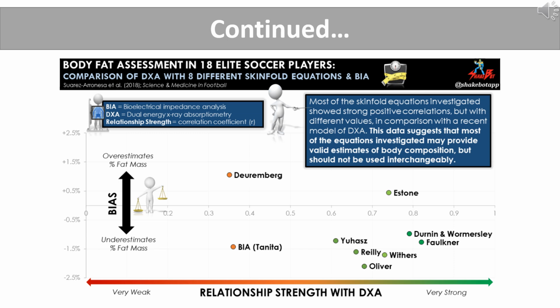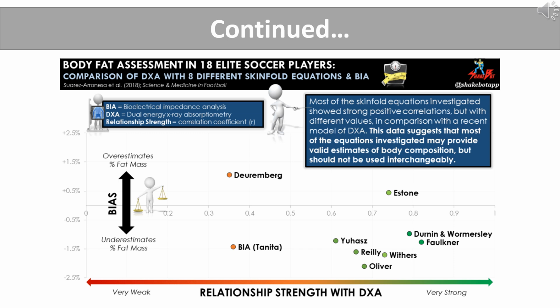On the bottom we've got this kind of color-coded correlational scale, where the further right you are, where it's green, we've got strong relationships between skin fold equations and what the DEXA produces for predicting percentage of fat mass.